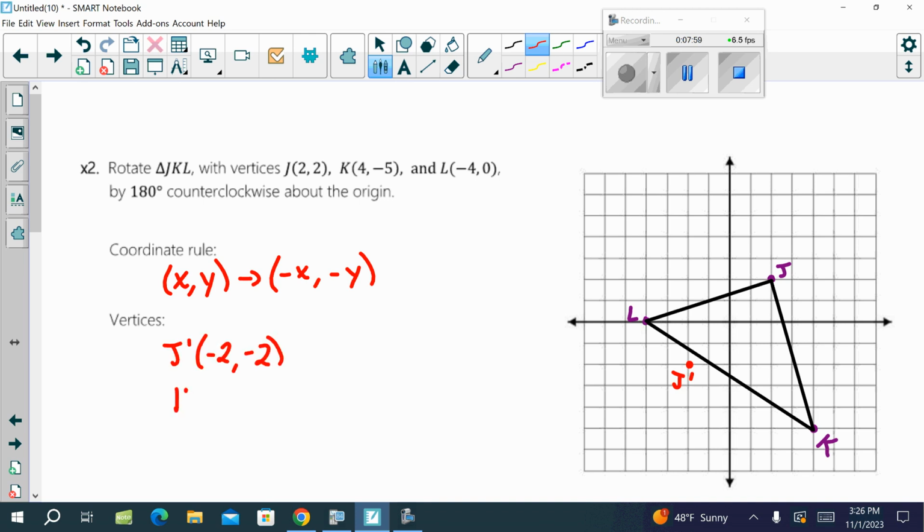And then K prime, (4, negative 5) transforms into (negative 4, positive 5). And then L prime, (negative 4, 0) transforms to (positive 4, 0).